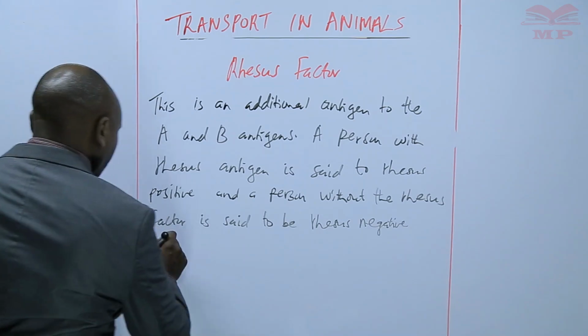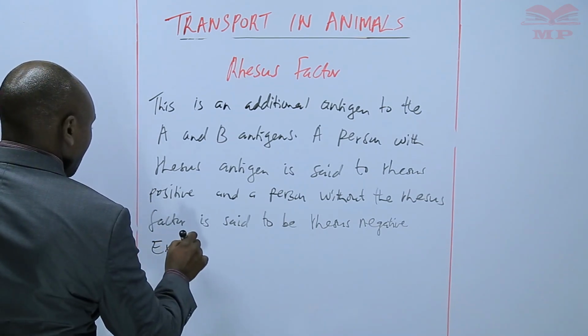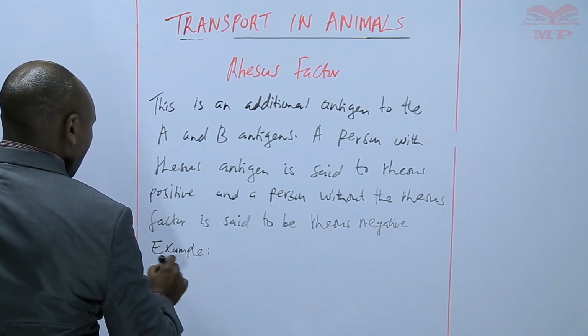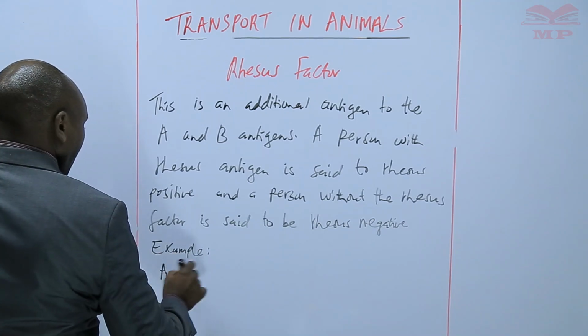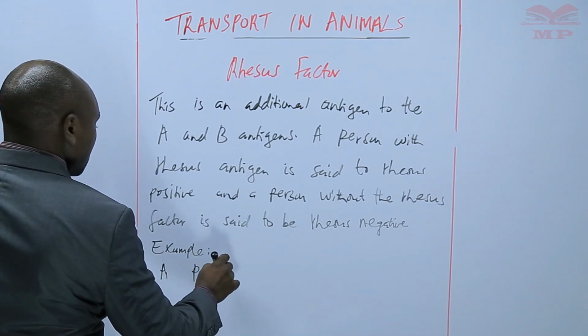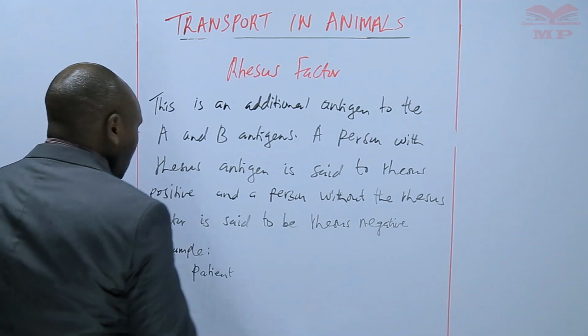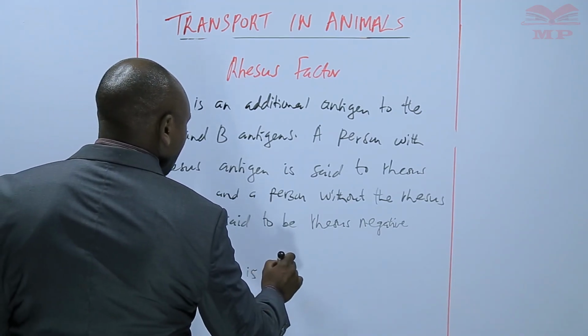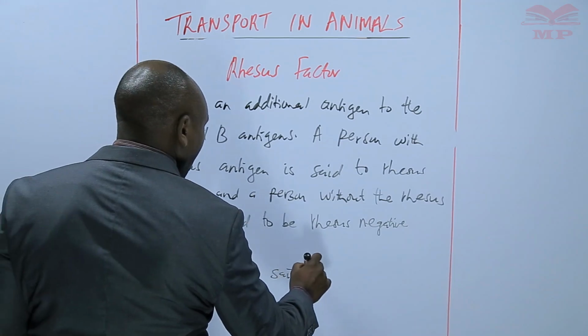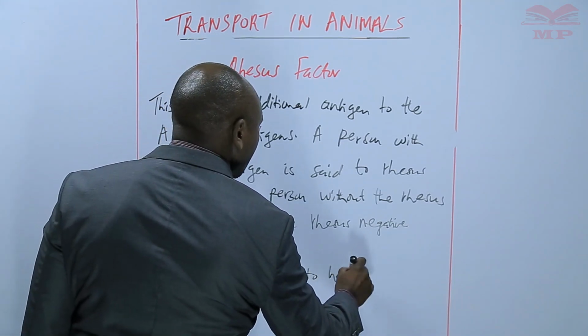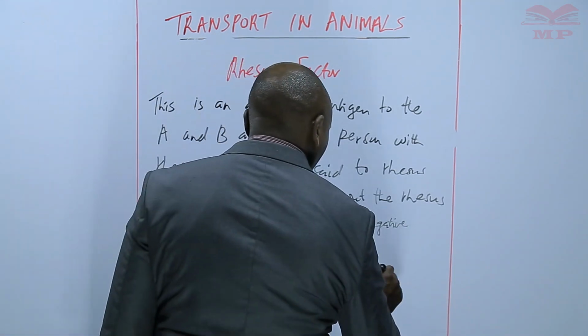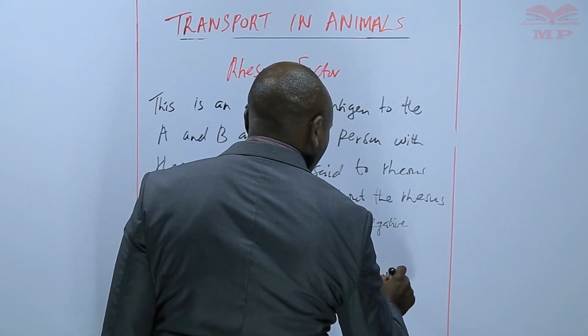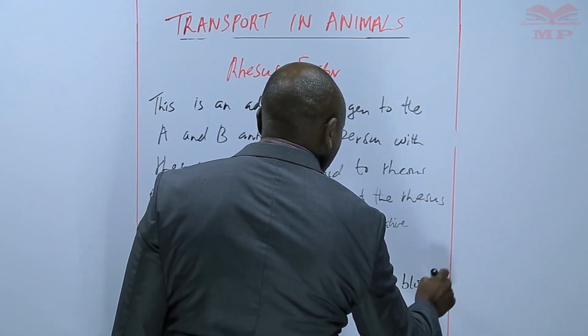So, for example, a patient is said to have B positive blood group.